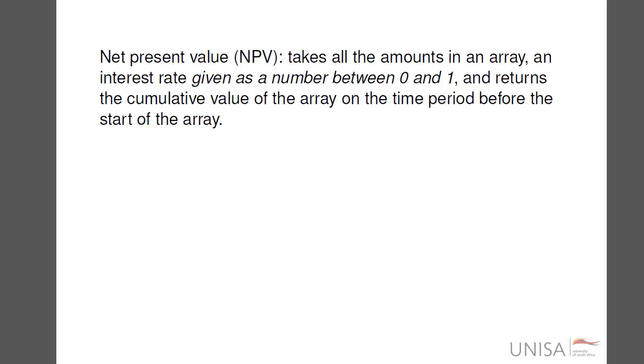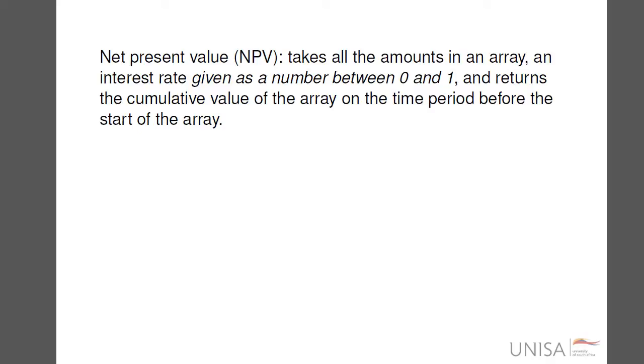Now, turning to the net present value, what does that mean? Well, it takes all the amounts in an array. So you have a whole income stream, for example, and you have the interest rate, which is given as a number between 0 and 1.